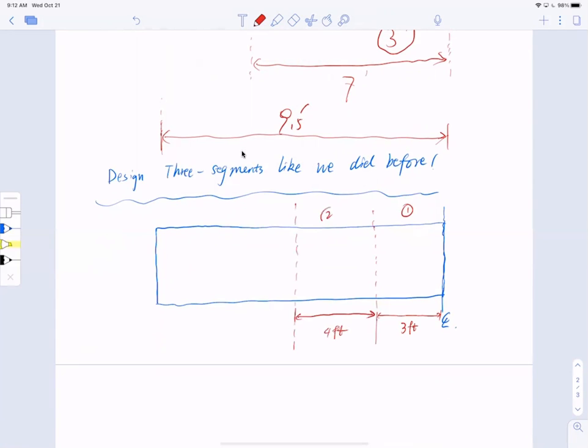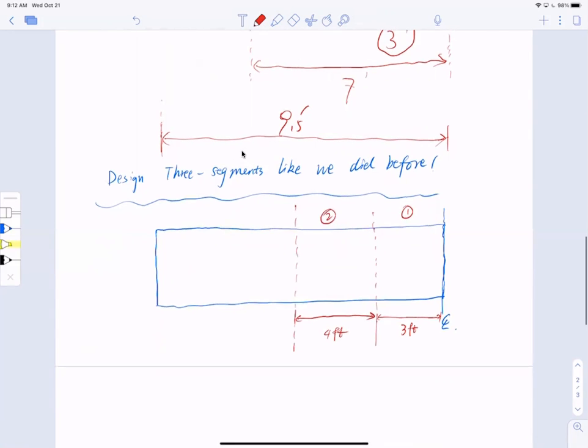The rest is actually 2.5 feet. This is a little out of proportion, so I'm going to shift this line here. Sorry, folks, I made a mistake here. Let me redraw this. The concept is the same, but it just doesn't look right.